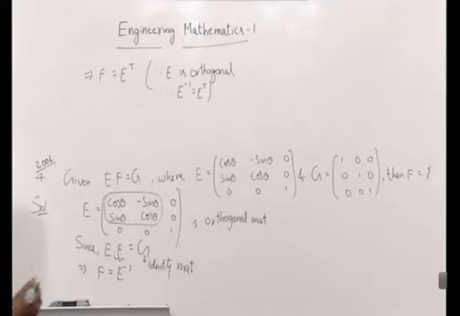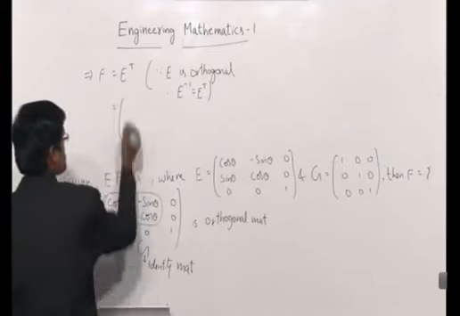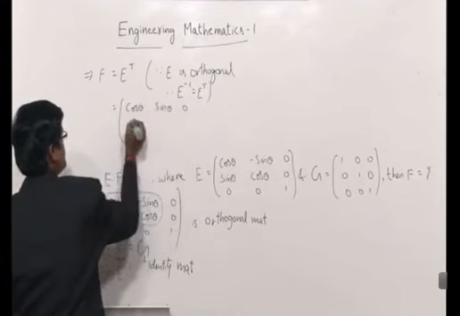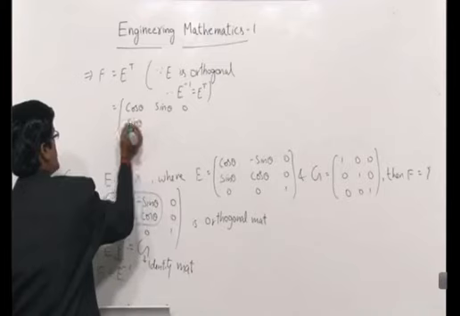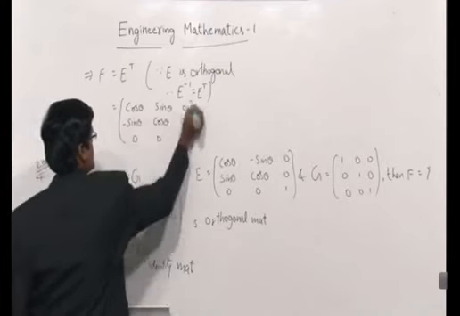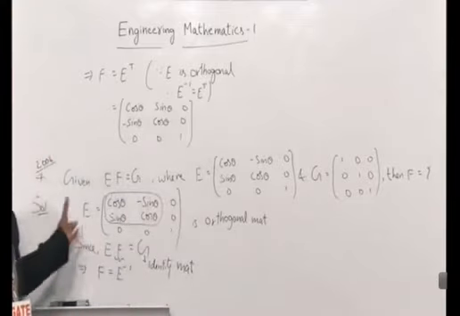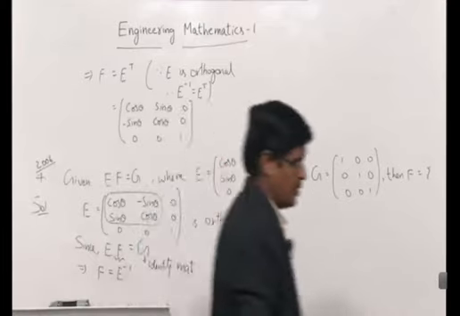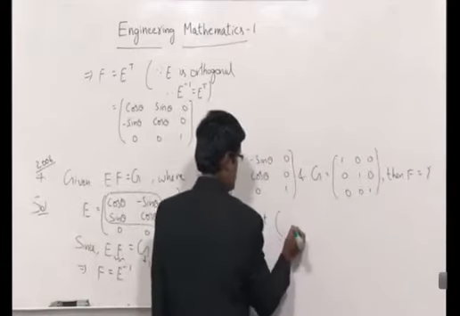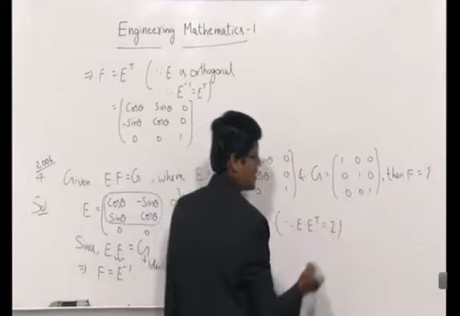Because transpose is easier than inverse, the transpose of this matrix is cos theta, sin theta, 0; minus sin theta, cos theta, 0; 0, 0, 1. This is the procedure. Just you identify this is orthogonal by checking or by verifying E into E transpose is equal to I. You can write this reason also.